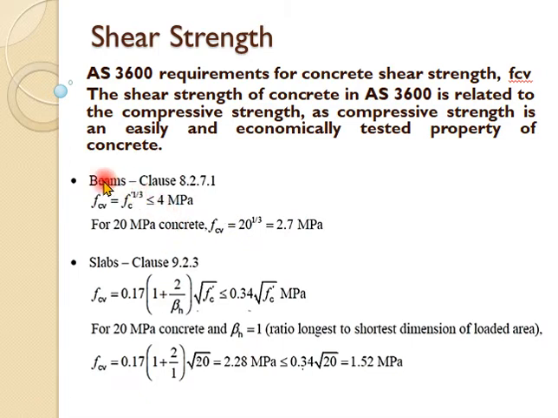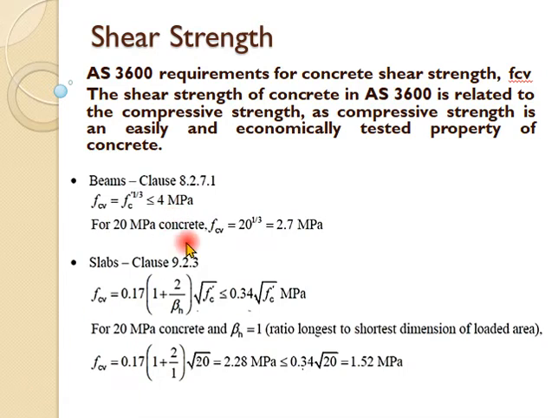So for beams, we have the shear strength f_cv equal to f_c to the power of 1/3, and this value should be less than 4 MPa for beams.